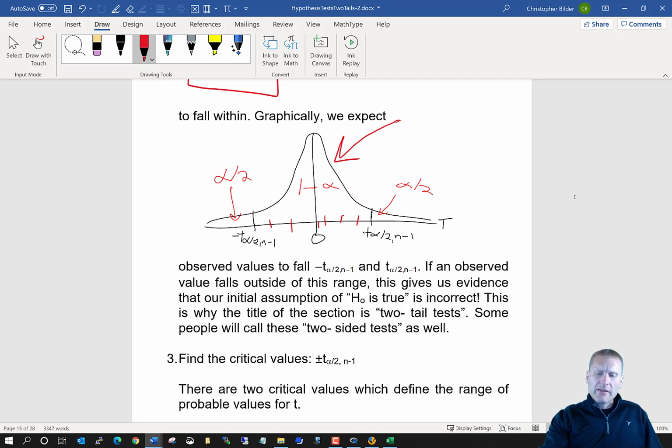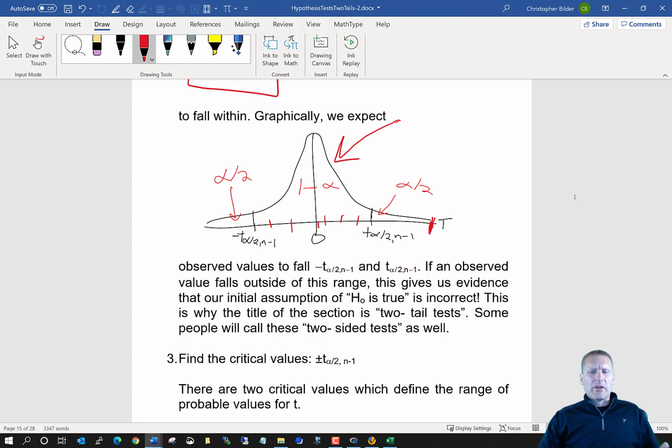But instead, let's say we had a test statistic fall way out there. Well, that part of the t distribution has a small area underneath its curve. In other words, it is representing an unlikely region. And so because of that, that might make you think something's going wrong here.